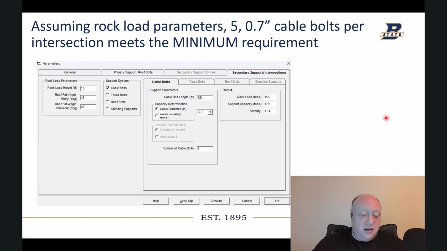So generally speaking, I go with 0.7s, and then I put the old star pattern, 5 bolts per intersection in here, and it does give us a usable stability factor, 1.14. Our support capacity does exceed the rock load, okay, and that's probably why 5 cable bolts in the intersection has worked for the vast majority of intersections that have been retreat mined.